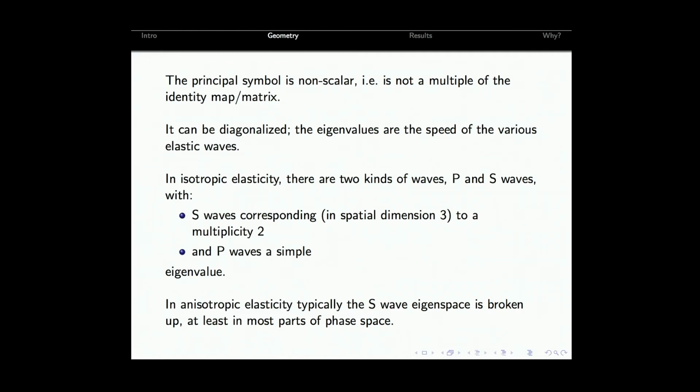The eigenspace is one-dimensional. And the S waves, in 3 dimensions anyway, correspond to a multiplicity 2 eigenvalue. So, pressure and shear: the polarization of the wave is different. In anisotropic elasticity, what happens is this S wave eigenspace is broken up, at least in most parts of phase space. So really remember that this matrix depends on x and ψ, so the eigenspaces depend on x and ψ.